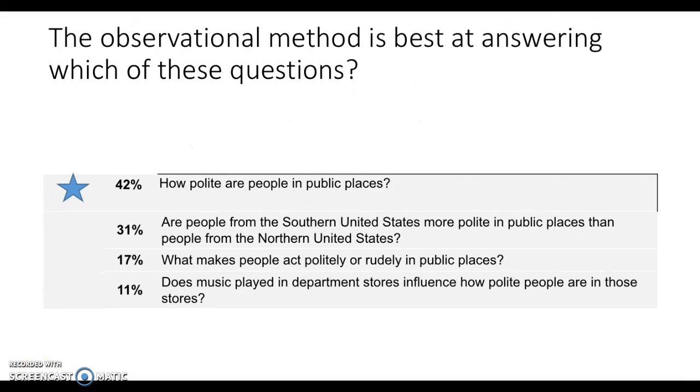So our next question is talking about the observational method. The question is, the observational method is best at answering which of these questions? So if I were to approach this question, I would look at first my definition for observational method. Observational method is just when you're observing. So I always like to think of the O in observe and the O in only, as in you're only looking at one group.